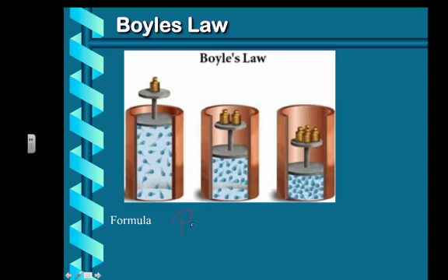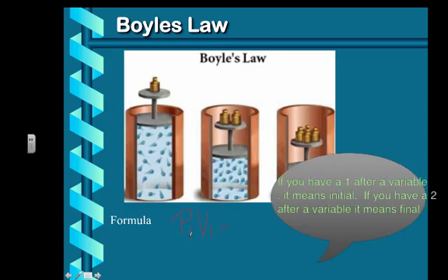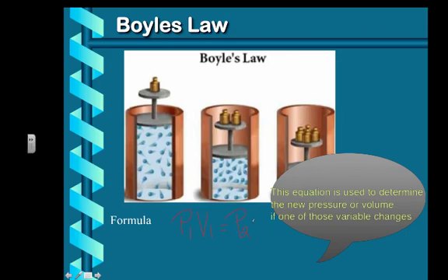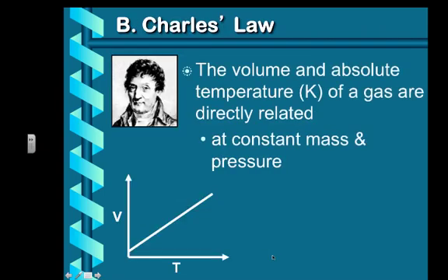So the initial pressure times the initial volume, so whenever you see a 1 by a variable, that just means initial, is equal to the final pressure times the final volume. So this is the mathematical relationship that Boyle came up with for pressure and volume. And we will be using that, but probably next podcast.